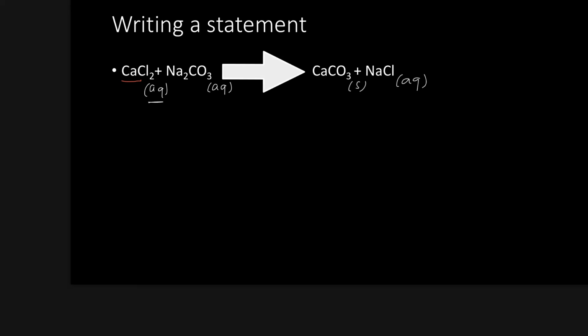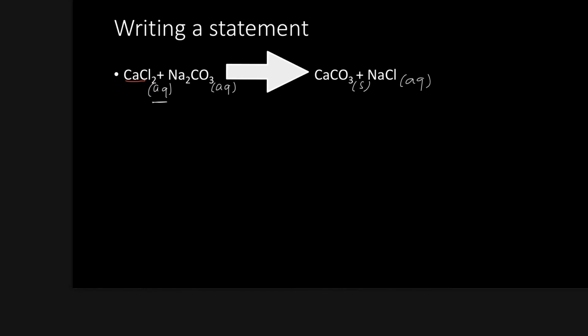You will start with your first element, which is calcium. It's already balanced because you have one calcium on each side. You have two chlorines on the left and one on the right, and so what we'll do is add another NaCl.